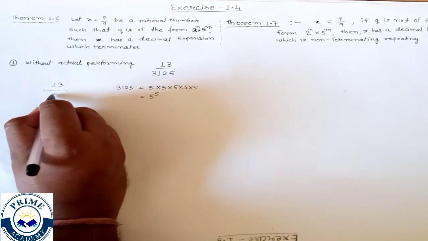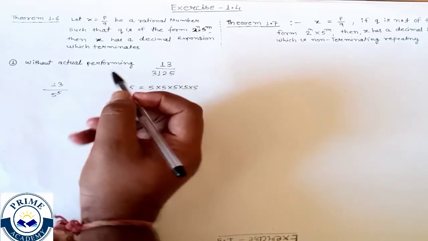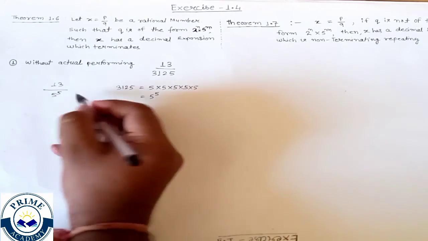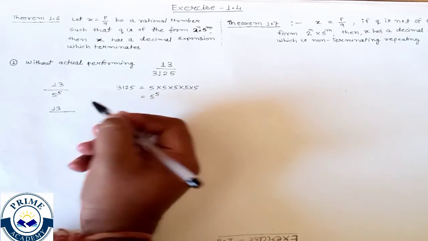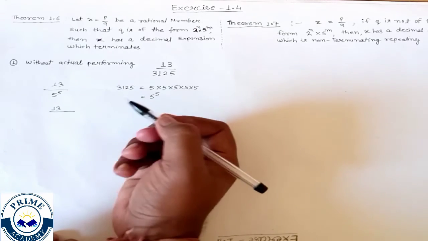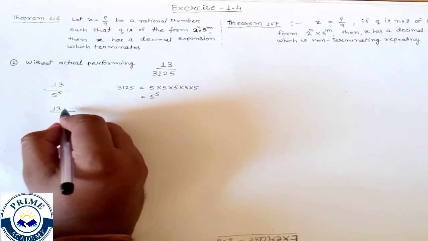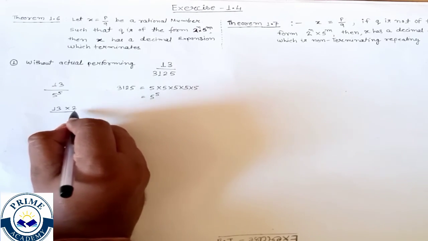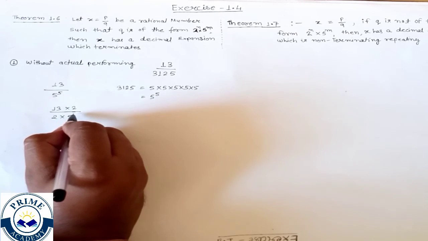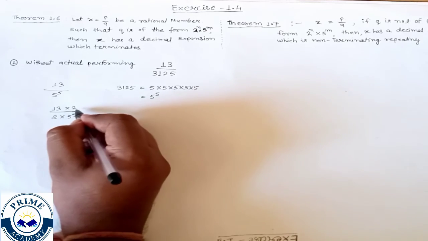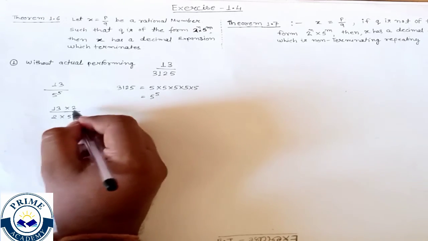So you can write 5 to the power 5, but we have to check whether this is terminated or not. 13 is prime, so we can't do anything there. You just multiply 2 here and 2 here, with 5 to the power 5, multiply 2 in the upper and lower side, this will not affect it.